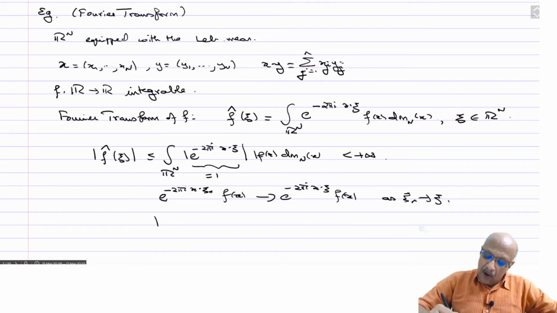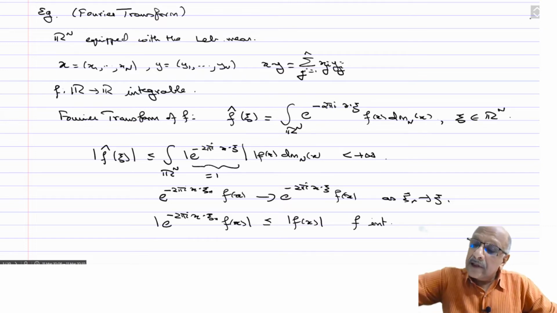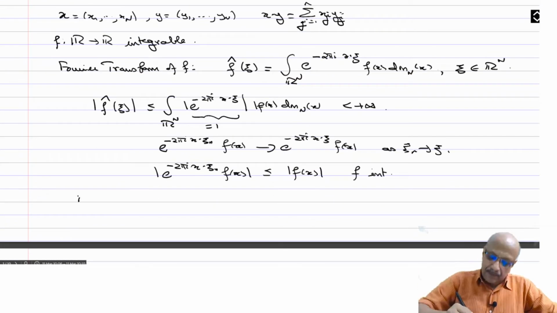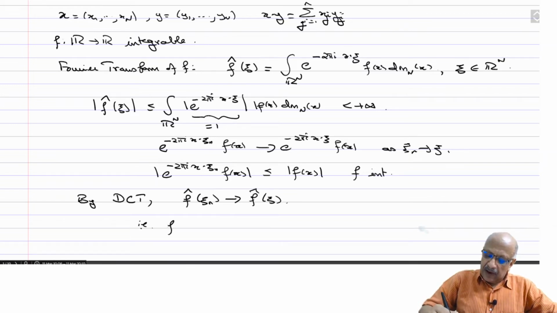And the modulus of e to the power minus 2 pi i x dot xi_n f of x is, again since the modulus of the exponential is equal to 1, less than or equal to mod f of x, and f is integrable. Therefore, by the dominated convergence theorem, we get f hat of xi_n converges to f hat of xi. That is, f hat is a continuous function.